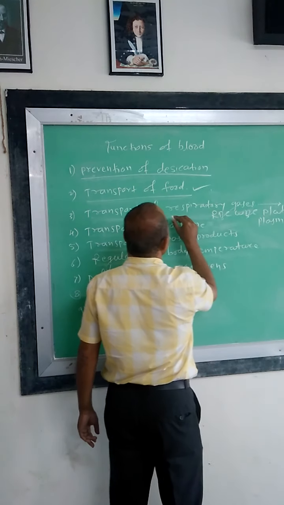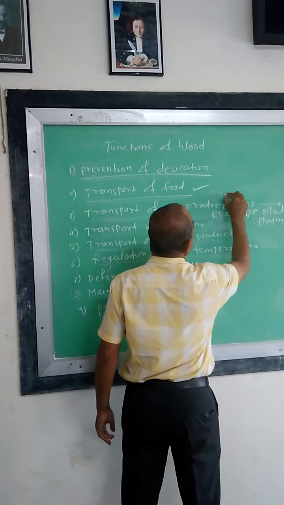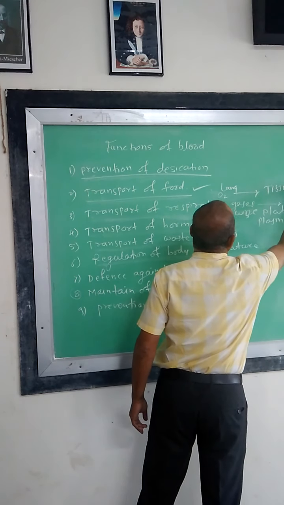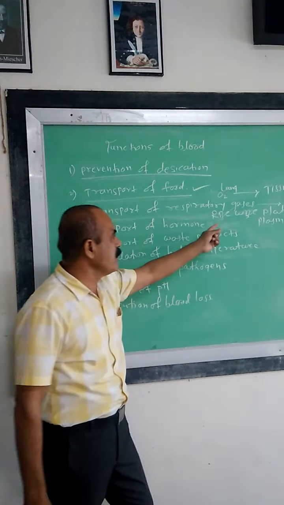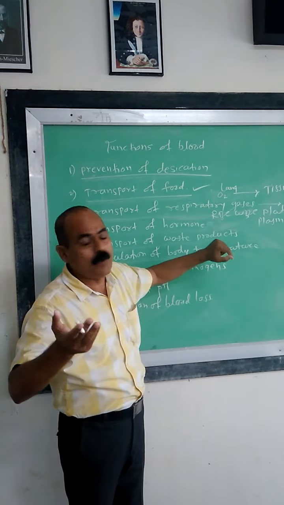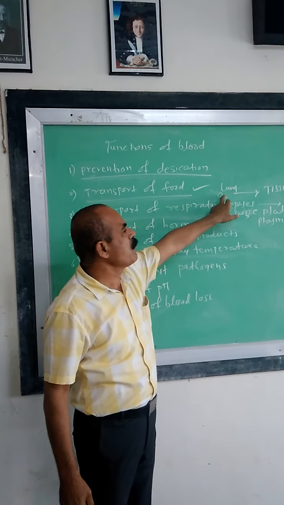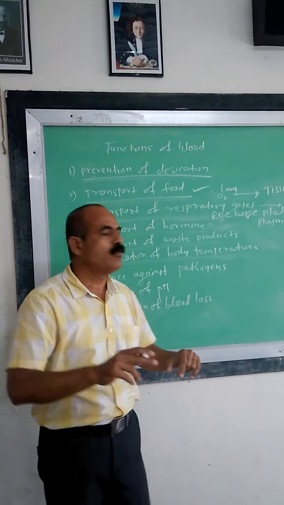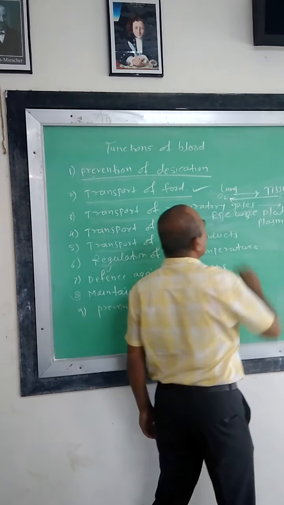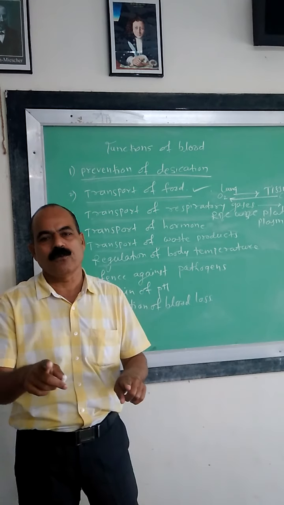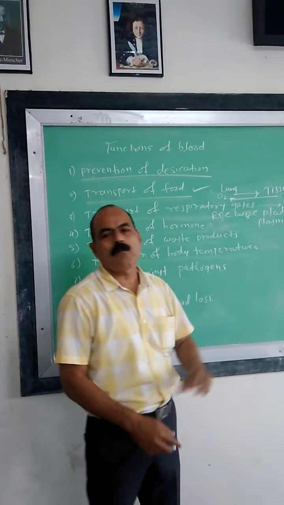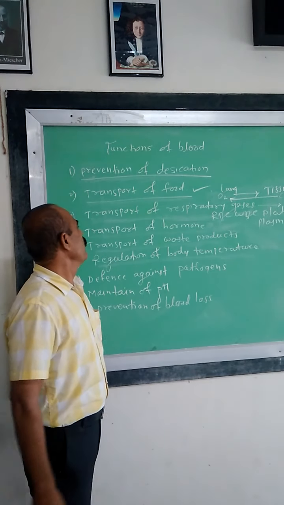The O2 is transported from the lung to the tissue by the RBC. That O2 combines with the hemoglobin of the RBC and forms oxyhemoglobin, and then O2 is transmitted from lung to tissue, and from tissue the CO2 is formed. That CO2 comes back to the lung by the RBC also, with the formation of carboxyhemoglobin. So the transport of O2 and CO2 is also done by the blood.